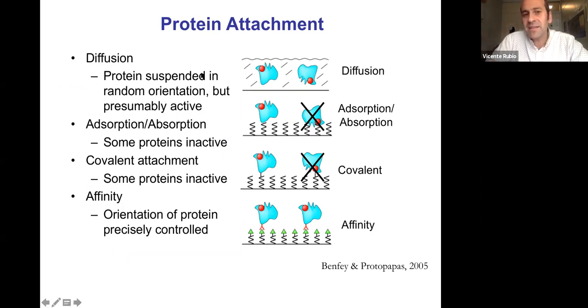Here you have different systems and their advantages and disadvantages: having the proteins in solution, like in a multi-well plate, or having them adsorbed, or binding them using a covalent link to the surface. And this one supposedly is the very best one, a system that gives the proper orientation of the proteins to be tested, so that they can interact with a library of proteins, to search for interactions in the most appropriate way.